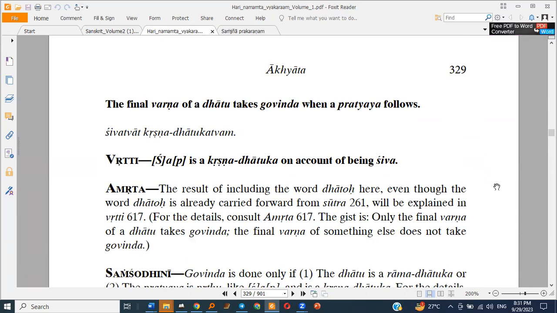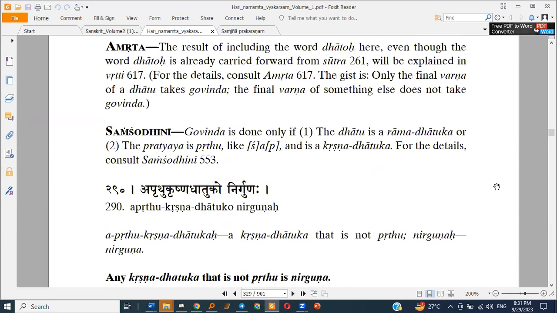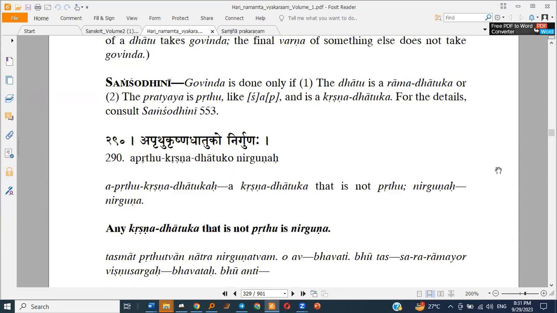Okay, we will not do Guna yet. Let's read the next sutra and then we will do. So the sutra says, if we have any pratyaya following, the last letter, which should be a vowel, will take Guna. Now, the next sutra says, Aprithu Sarvadhatuka Nirguna.